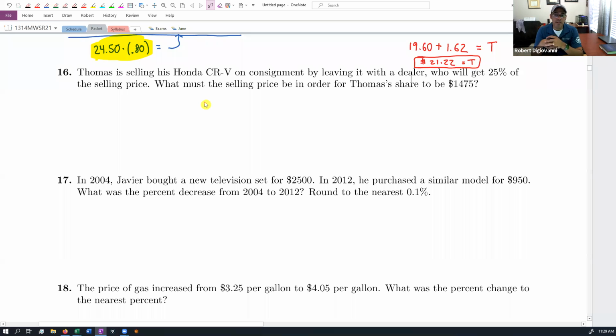So consignment means someone else is selling it for you, but they get a cut of the sale. So Thomas is selling a car on consignment, meaning he's giving it to somebody else to sell for him, right? The dealer. Okay, the dealer will get 25% of the selling price. The question is, what must the selling price be in order for Thomas's share to be this?